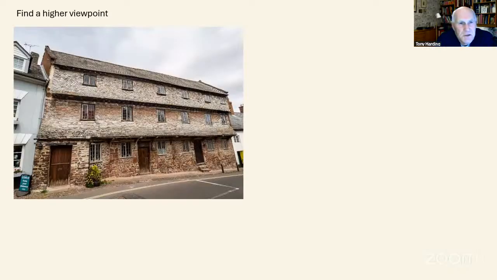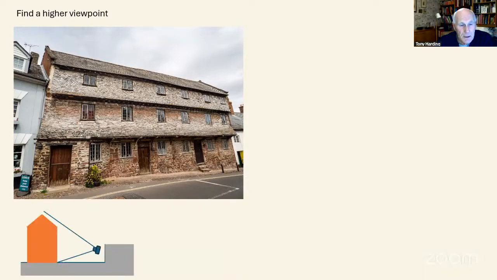Here's one of Dunster's fine buildings, and I took this picture some years ago when we were studying this building. I've taken the picture from down in the road, just the other side of the road there. It's quite a narrow road, so you've got to be pointing the camera up quite significantly to capture the building and to fit it all in the frame.